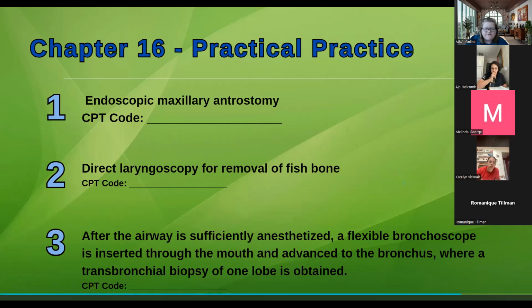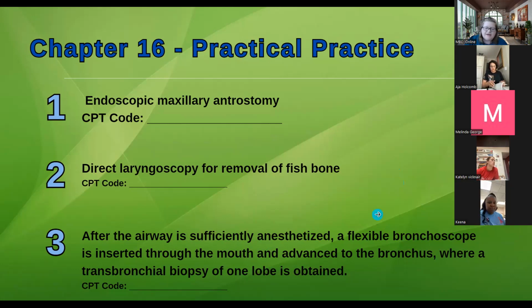After the airway is sufficiently anesthetized, a flexible bronchoscope is inserted through the mouth and advanced to the bronchus, where a transbronchial biopsy of one lobe is obtained. They're just asking for one CPT code.